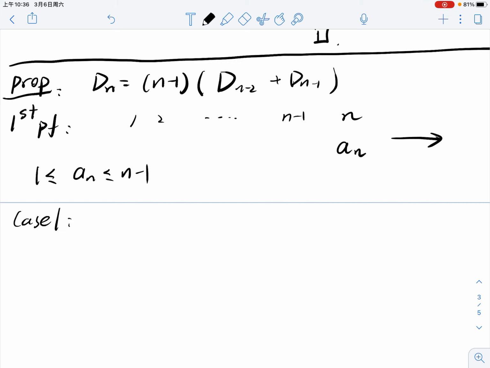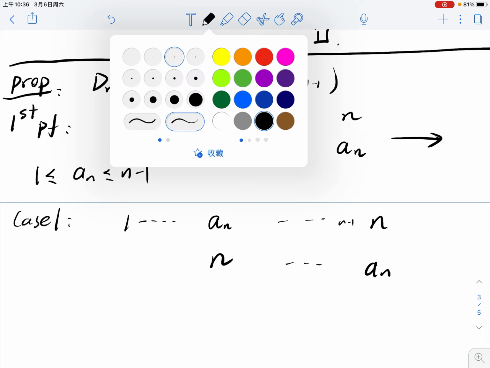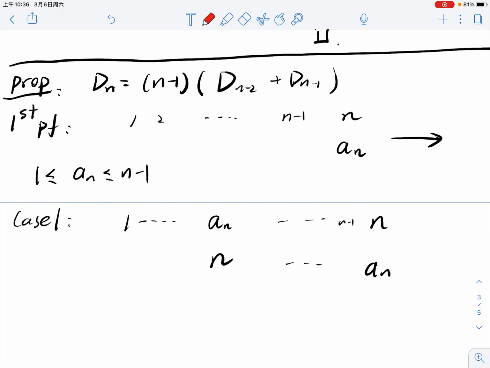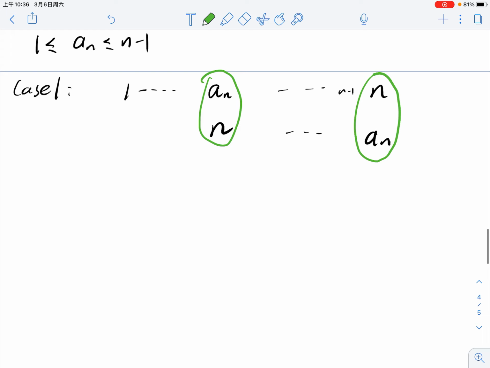And case 1, that is, if you look at An's position, if in the derangement it takes value m, then we call this case 1. So notice that here actually you have a permutation of a and m.